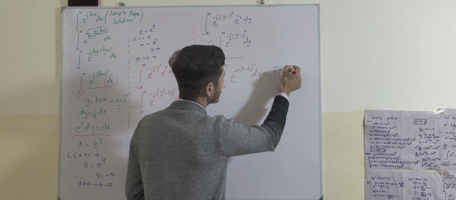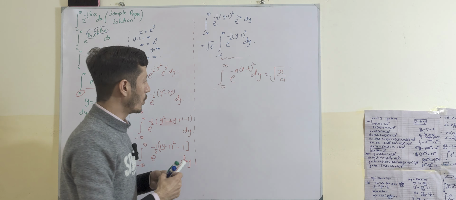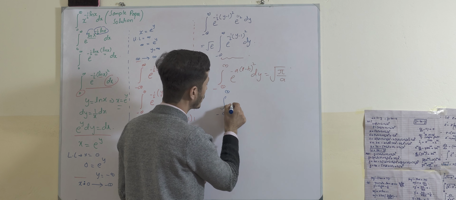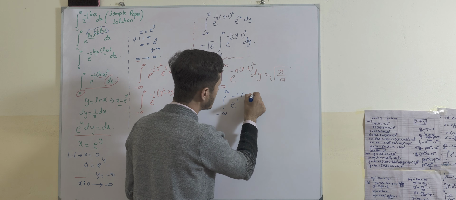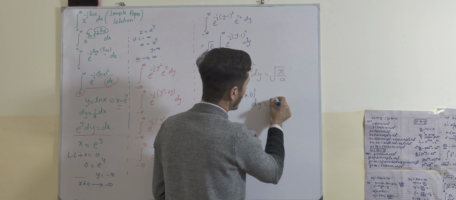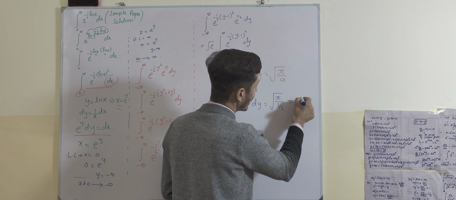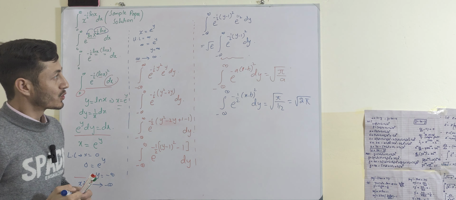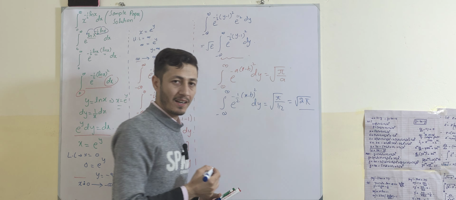Here a is equal to 1 by 2, so from minus infinity to infinity e power minus 1 by 2 x minus b whole square del x is equal to pi divided by 1 by 2 under the root, so it becomes root of 2 pi. So this whole integral is equal to root of 2 pi.